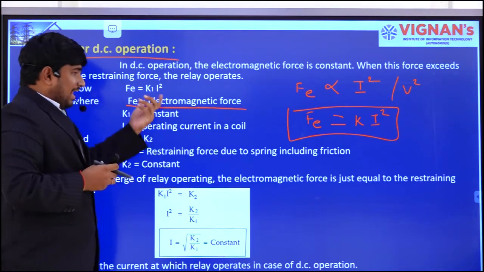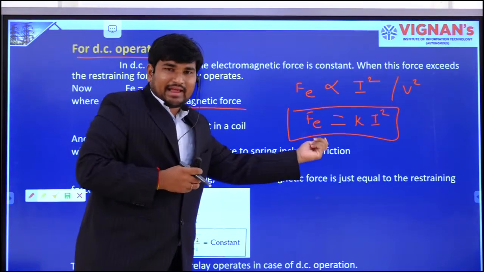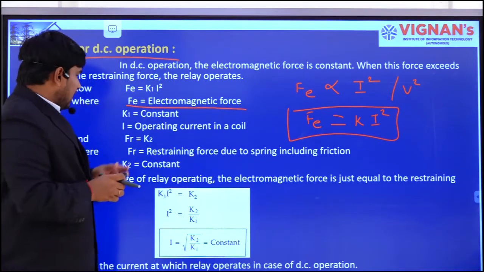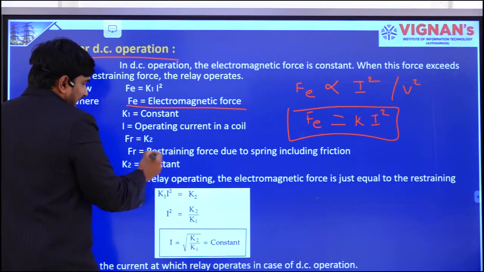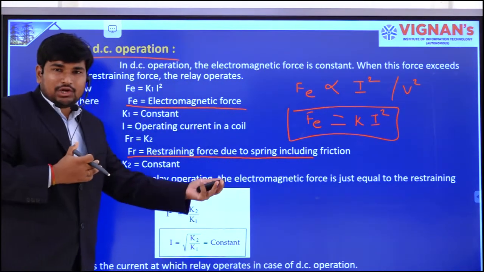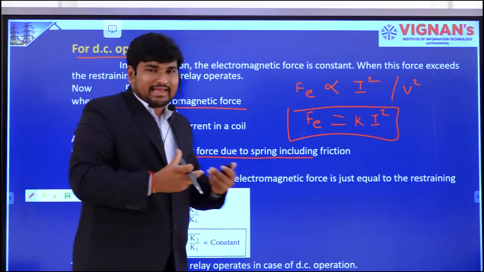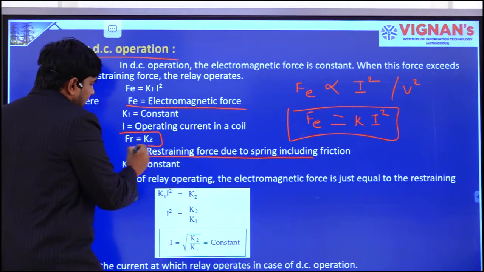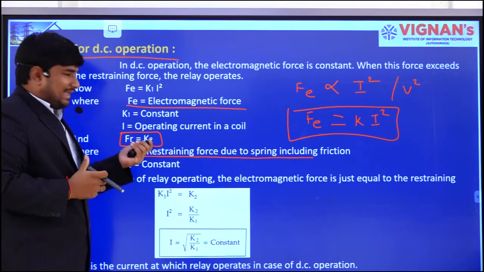Along with this electromagnetic force, I need a restraining force. I call the restraining force Fr, which I can get from either spring control or gravity control. So Fr is equal to K2.